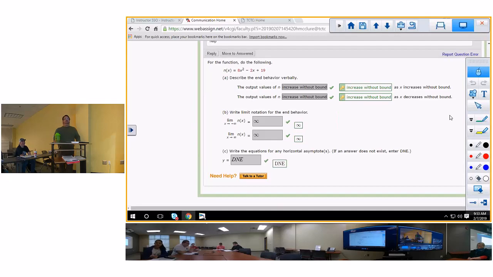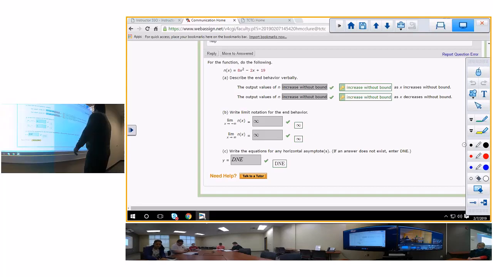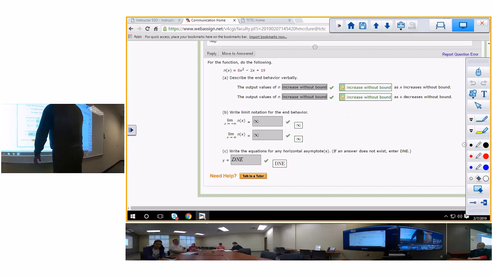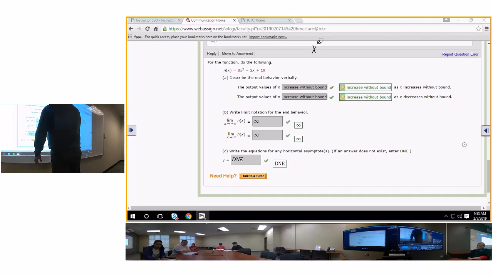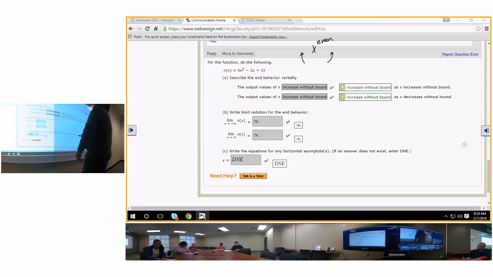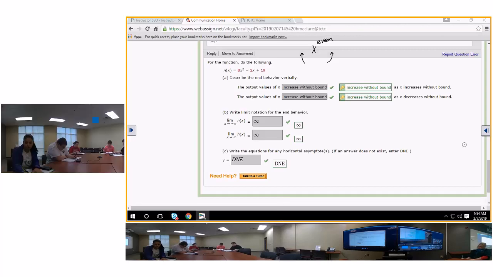Okay, end behavior. End behavior is anything with x to the even power. The end behavior is always going to be like a what? Parabola. X to the odd power will always look like that.